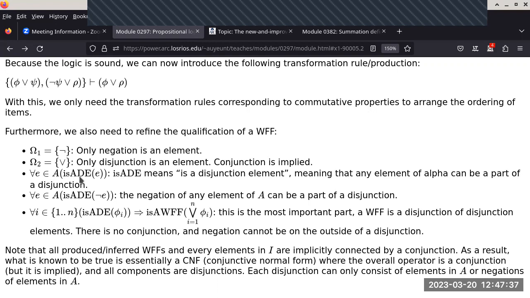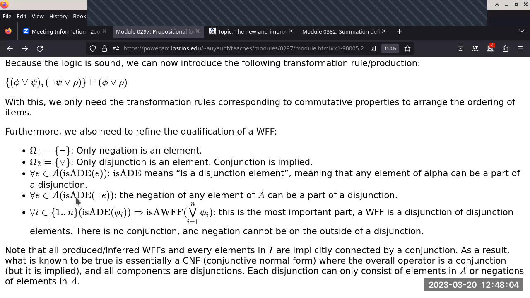You pick anything out of alpha, which is the set of all the alphabet that we can use in the system. Every single one of those qualifies as an element that you can use inside a disjunction. And on top of that, we also say the negation of anything in alpha also qualifies as something that you can use inside a disjunction. Is that part okay too?